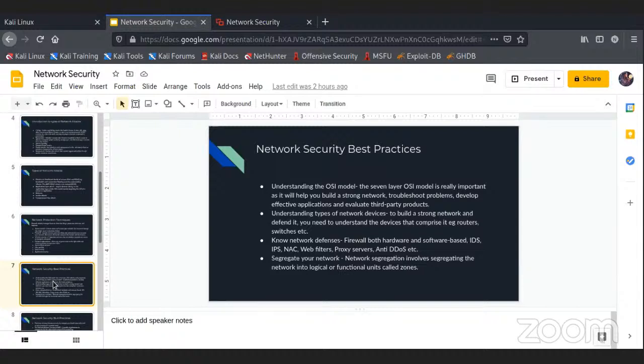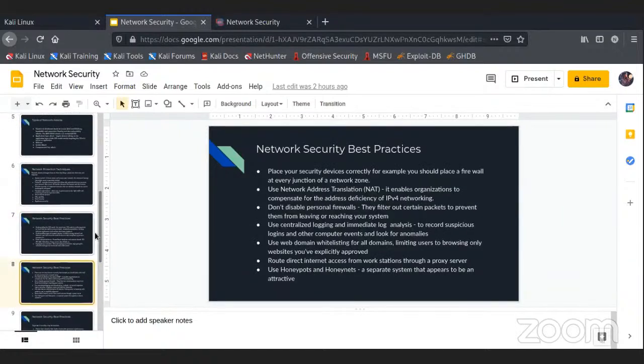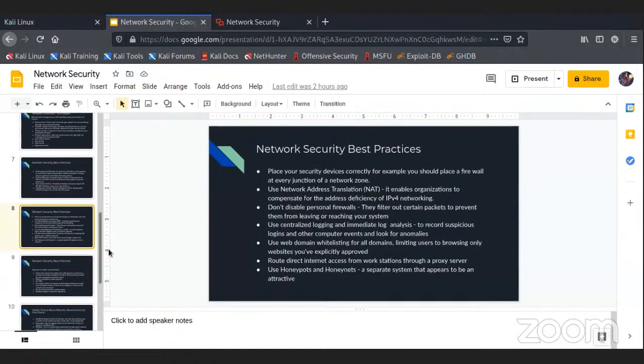Also knowing network defenses and how they work, for firewalls, for IDSs, for IPSs, for network access control, web filters that are put in place to restrict people from visiting malicious sites, proxy servers and how they work, anti-distributed denial of service, etc. Yeah, there's a lot of things. Not disabling our firewalls, using network address translation, placing our security devices correctly, e.g. firewalls at every junction of a network zone.